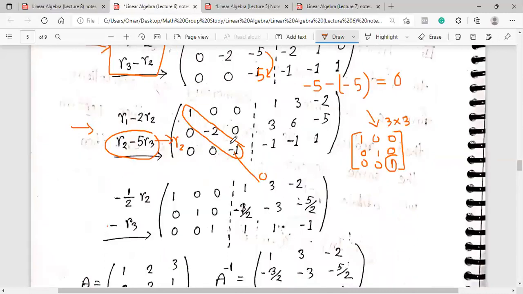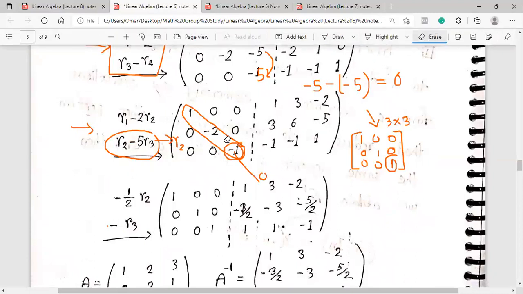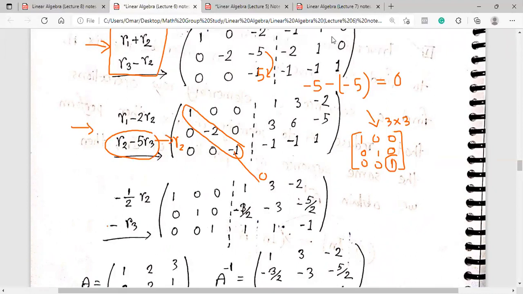If we make this -1 as 0, then we cannot make this as 1, right? So that's why we don't need to make this as 0. We just need to make all the entries above and below the main diagonal 0.